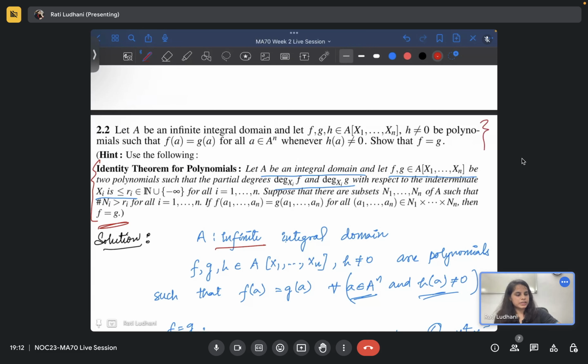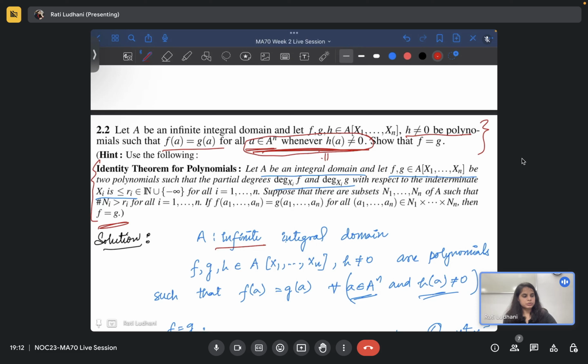So in your question, what does this say? If A is an infinite integral domain and f, g, h are as given, and f(a) is equal to g(a) for all a belongs to N whenever h(a) is not equal to 0. The point is, you have to prove that the set of all those a such that h(a) is non-zero is big enough that you can create some Ni from this set, and then you are done.